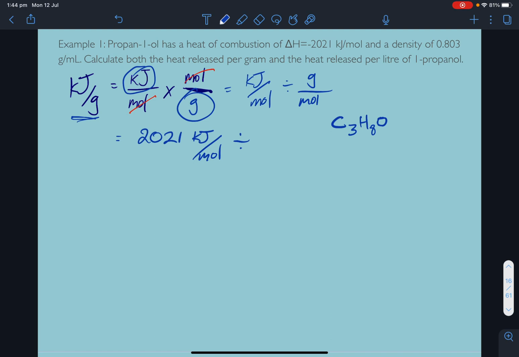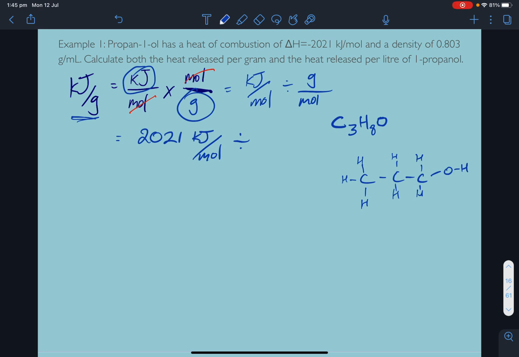Or if you want to do it by drawing it out, meth, eth, prop, put the 1-ol on there, and let's put the rest of the hydrogens in. So we've got 3, 5, 7, 8. Good, I got it right.